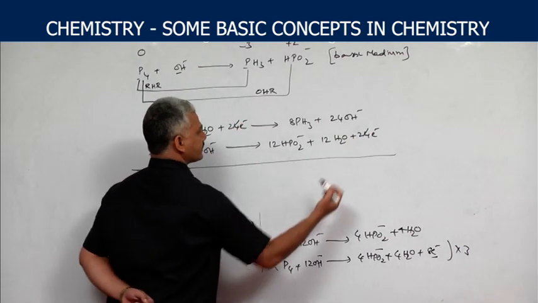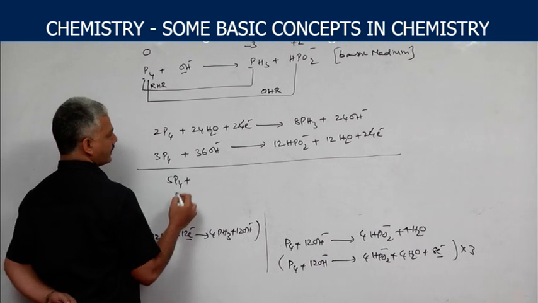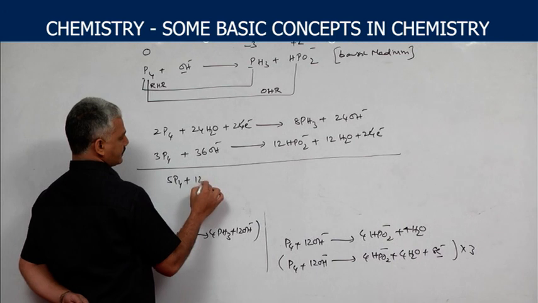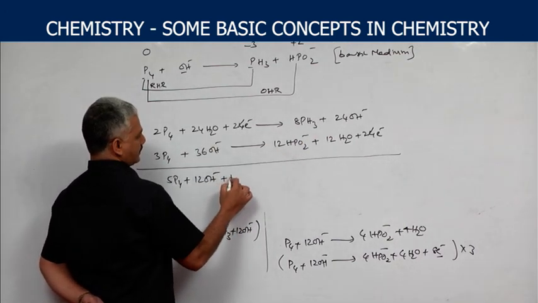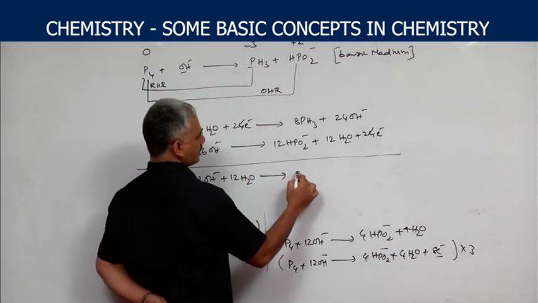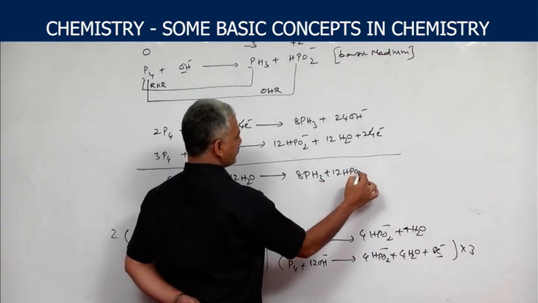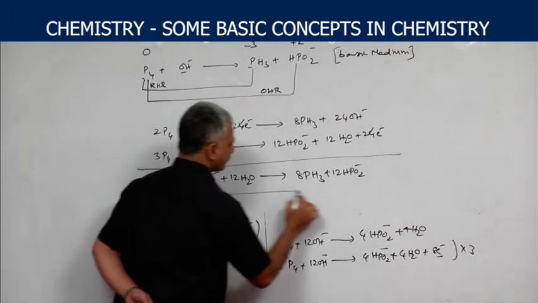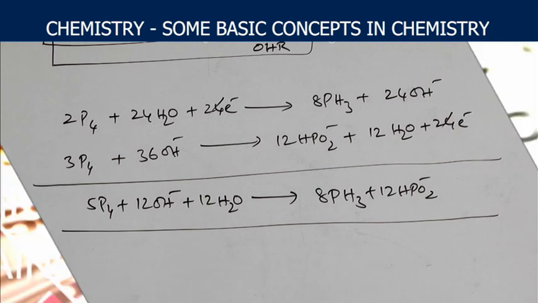So, electrons they get cancelled. 5 P4 plus 36, 24. So, here 24 water molecules are present, here 12 water molecules. So, plus 12 H2O gives 8 PH3 plus 12 HPO2 minus. Now this is the completely balanced equation.